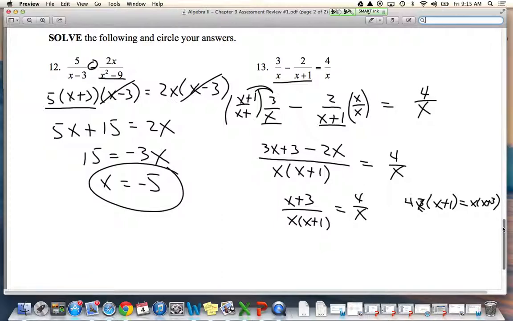Well, I get rid of this x and this x. Then distribute it, we have 4x plus 4 equals x plus 3.